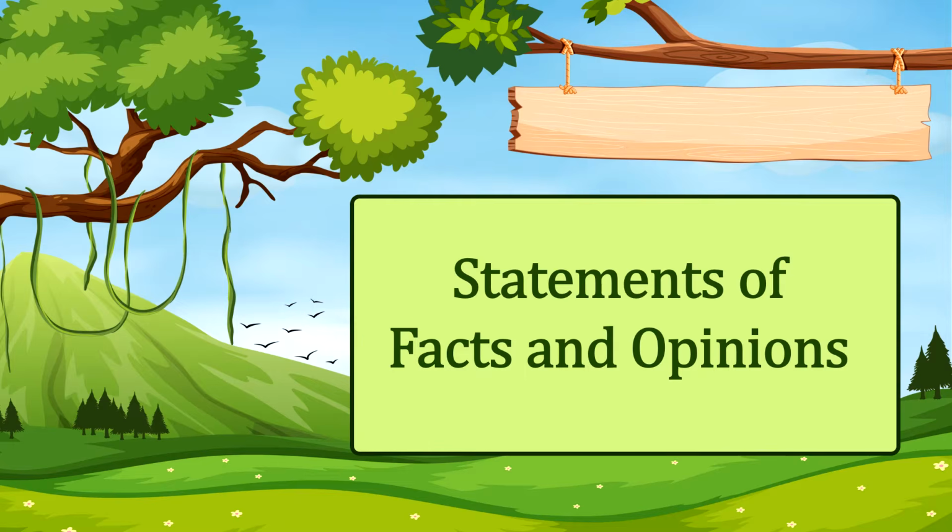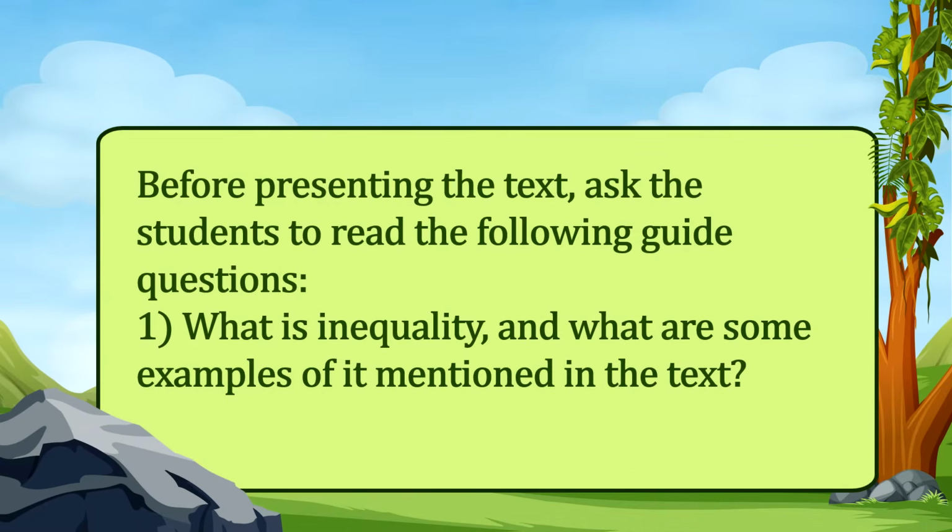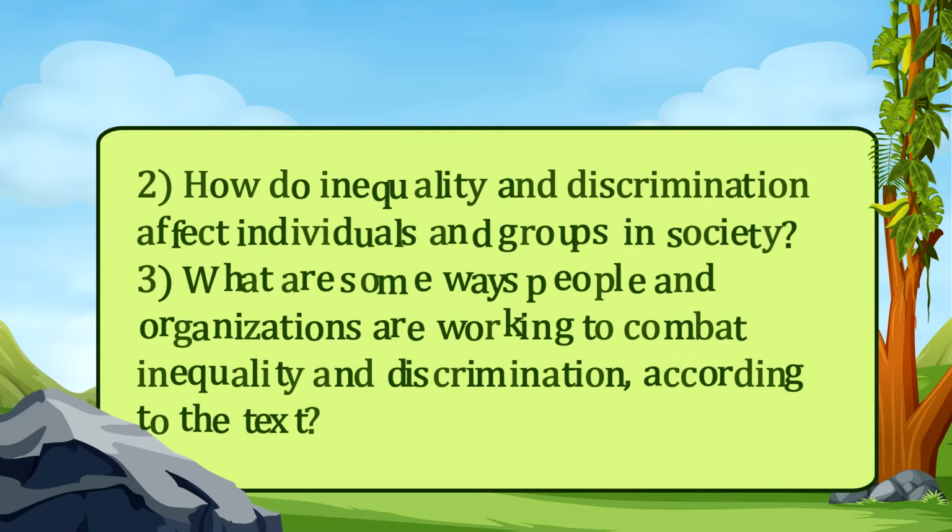Now let's have statements of facts and opinions. Before presenting the text, ask the students to read the following guide questions. 1. What is inequality? And what are some examples of it mentioned in the text? 2.